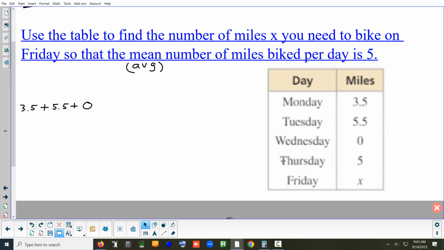How many miles did we bike on Thursday? We did 5 miles. And how many miles are we going to bike on Friday? We're going to bike x miles. We want to find the average of those things, so what do we divide by?